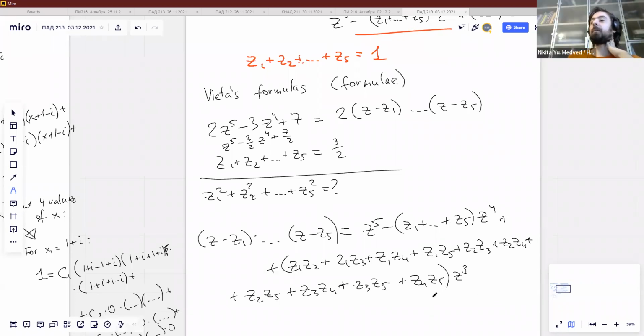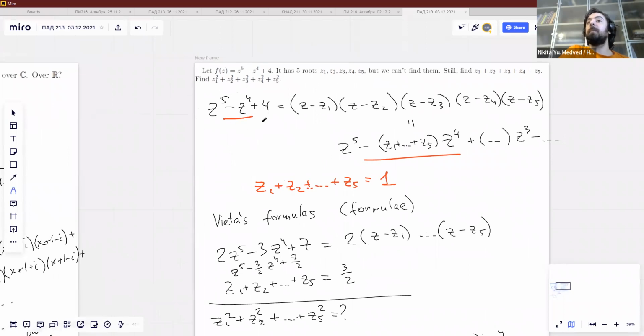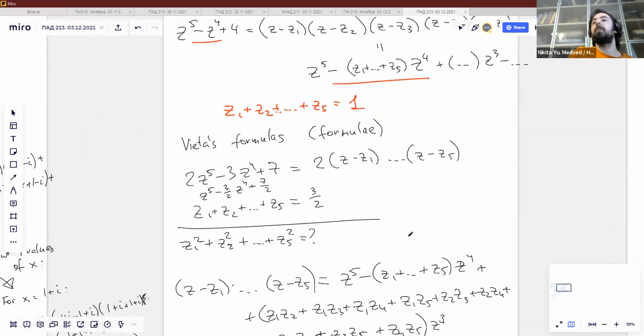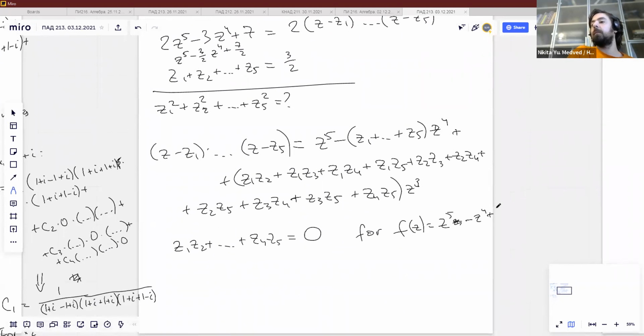So this huge expression gives me another Vieta's formula: that this sum equals the coefficient before z cubed. In my particular polynomial, it is 0. I forgot my polynomial, but it could be not 0, but some other number depending on the polynomial. That doesn't really matter.